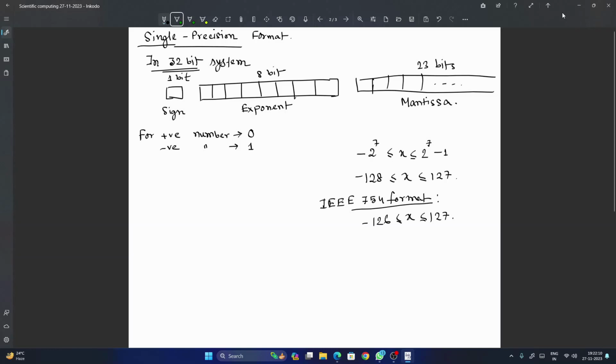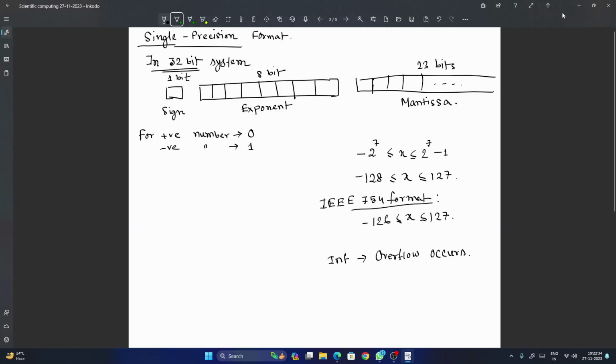And what are these 2 special numbers? One is INF, sometimes plus INF or minus INF, that means infinity. It occurs when an overflow error occurs.